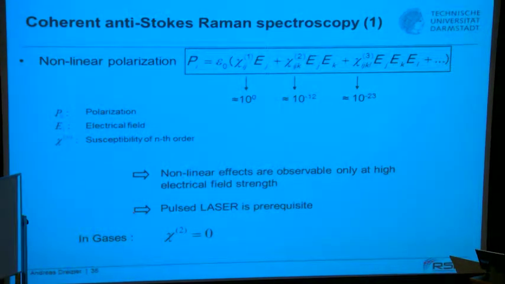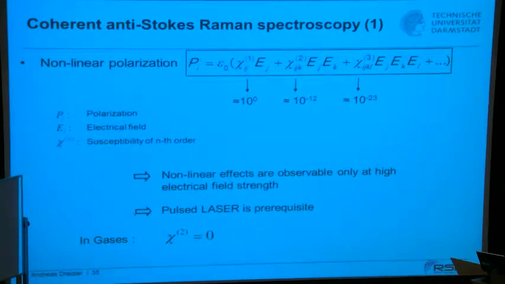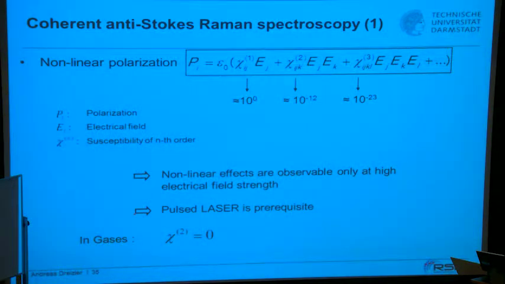That is a quantity that quantifies how easily you can remove or distort the electrons relative to the nuclei. If you have only loosely bound electrons, this quantity would be higher. If they are very strongly bound, you need a higher force to get them into motion. So this is dependent on the molecule. And the first term here gives rise to Raman and Rayleigh scattered photons.